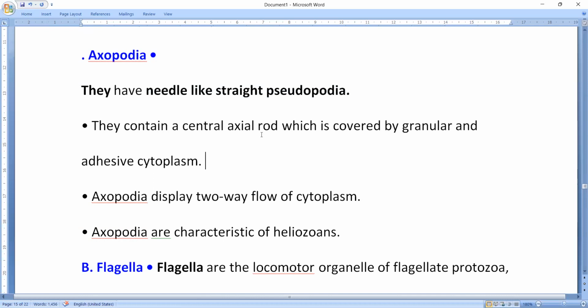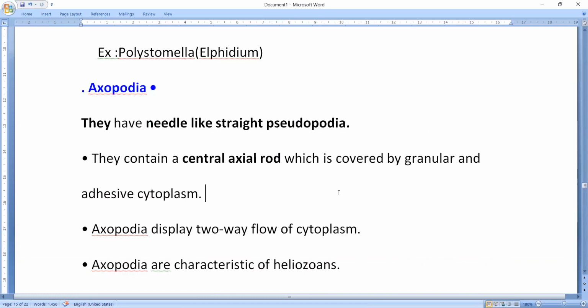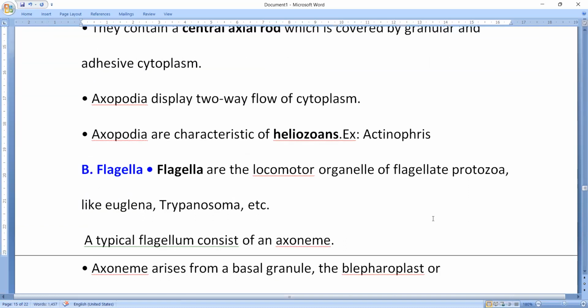They contain a central axial rod, which is covered by granular and adhesive cytoplasm. Axopodia display two-way flow of cytoplasm, and axopodia are characteristic of heliozoans. Heliozoans లో ఉంటాయి. సో దీనికి ఎగ్జాంపుల్ గా Actinophrys. Actinophrys is the example for the axopodia.